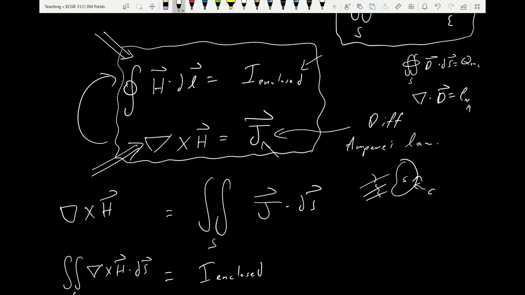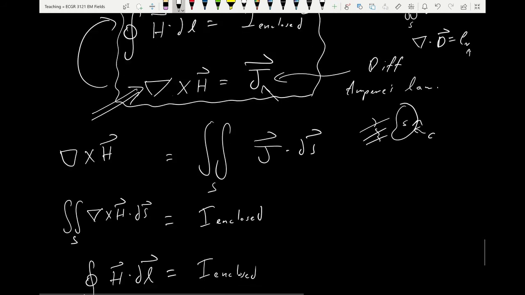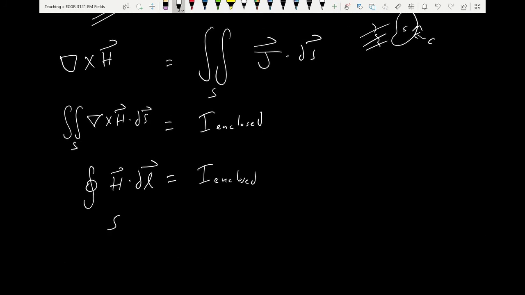Okay, and we said that this is all fine, and it's a pretty elegant law, and its usefulness comes in situations that have a large degree of symmetry.